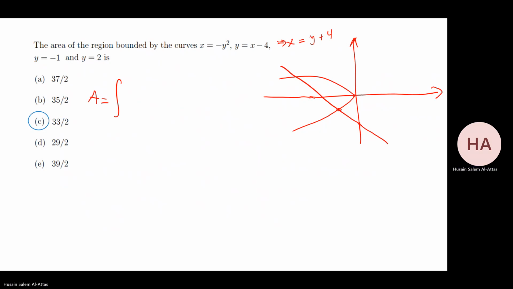The line y equal minus 1 gives me minus 5. Where is the point of intersection? Let me equate these two. Minus y squared equal y plus 4. That doesn't give me the point of intersection. It will be y squared plus y plus 4 equals 0. I cannot solve it.